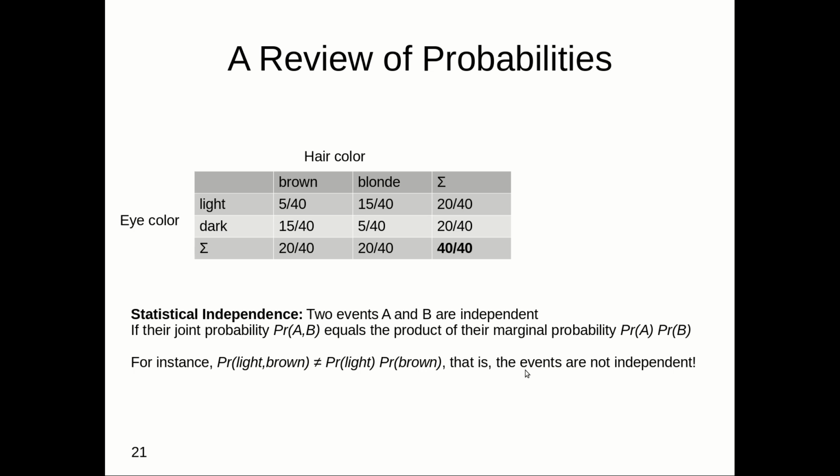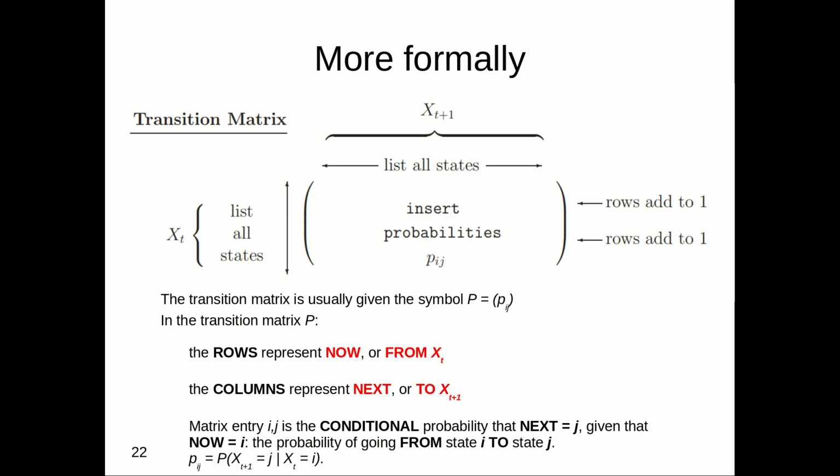So if we look at the example, there must be some correlation between hair color and eye color, right? So they're not independent. Okay. So this was just a quick review of conditional probabilities such that we all remember what they are.